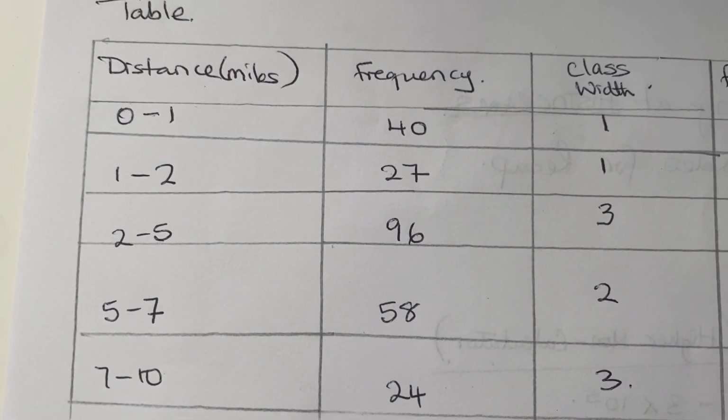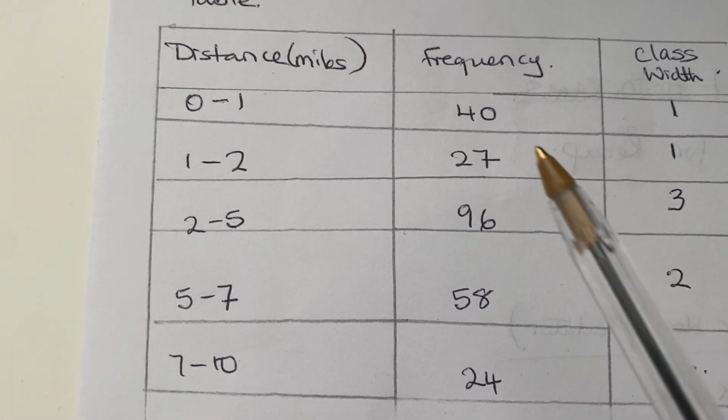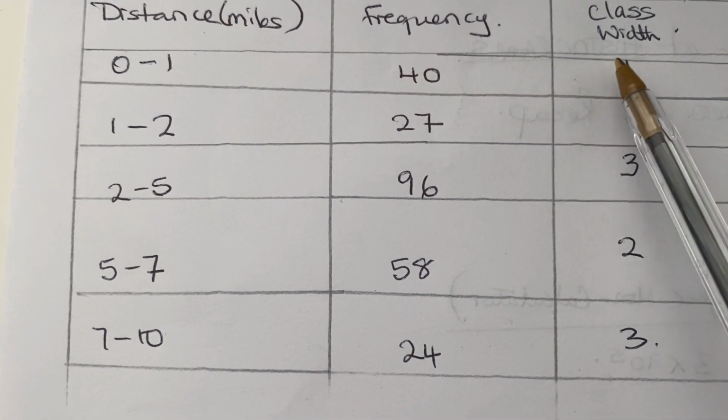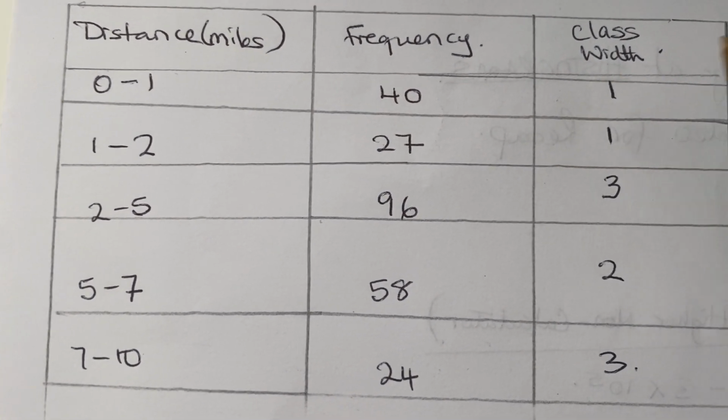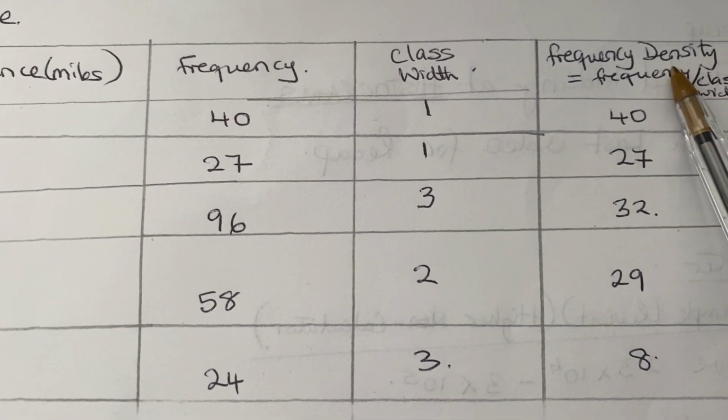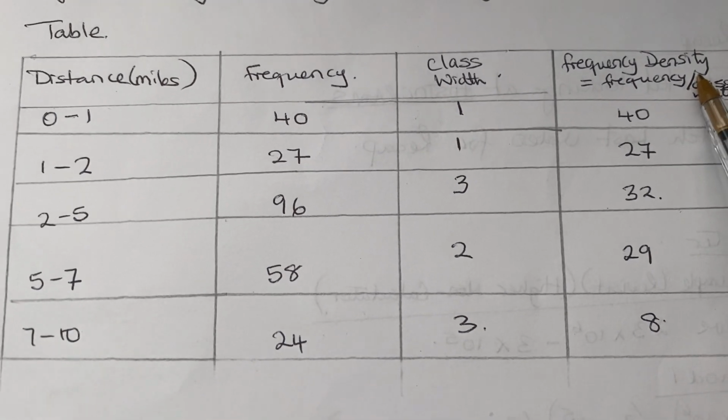So to plot the histogram, I need to divide the frequency by the class width to get another column called the frequency density.